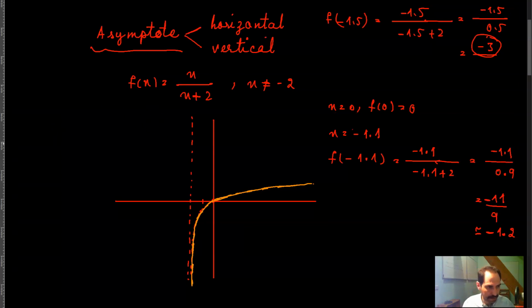So that means that I actually have to erase this part of the function and then have y is equal to 1 here, and draw these horizontal asymptotes, and then the function actually tends towards this line. Gets closer and closer, but never actually reaches that line, and then it does the same thing over here.